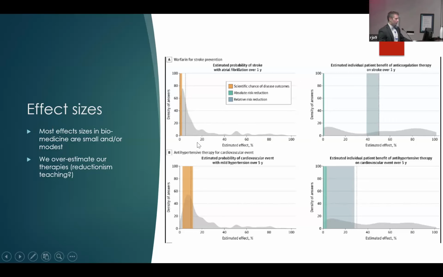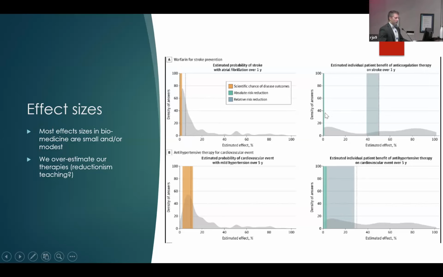On average, the respondents said there's about a 7 or 8% chance that your patient's going to have a stroke in a year. And this yellow bar here is the actual chance based on the studies. So in other words, we tend to overestimate the chance of a bad outcome compared to the actual data.